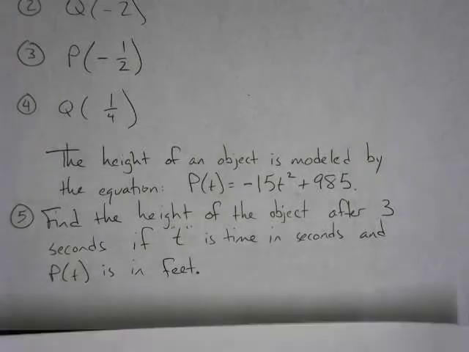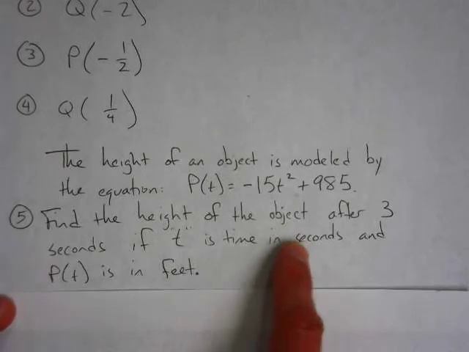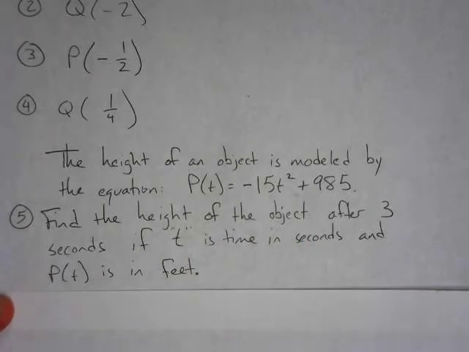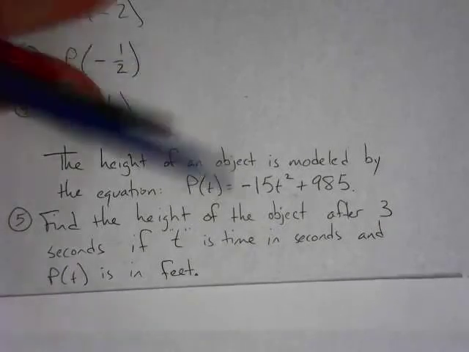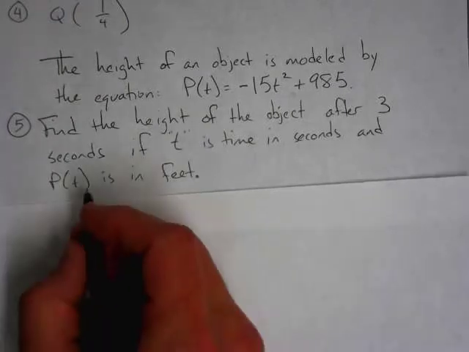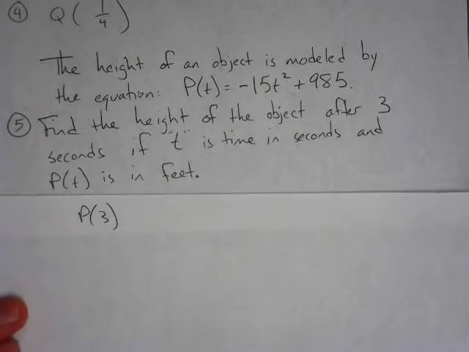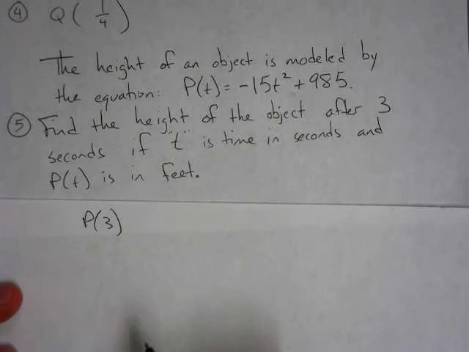Well, if 3 is the amount of seconds and t is time, guess what t is going to be? It's going to be 3. So all we're saying, seriously, you look at this word problem, all I'm asking is find out what p of 3 is. I mean, it's seriously what the question is asking. But you have to overcome your crazy fear of reading in order to see that.